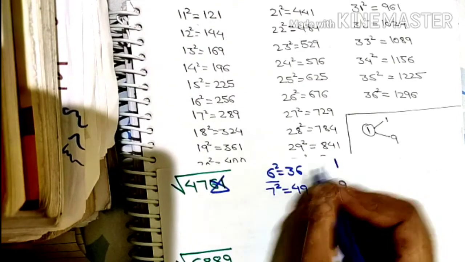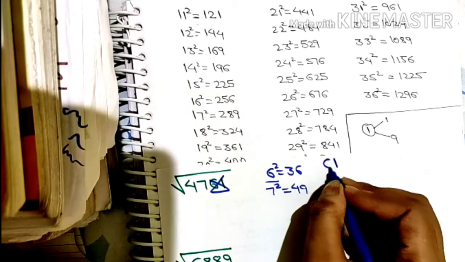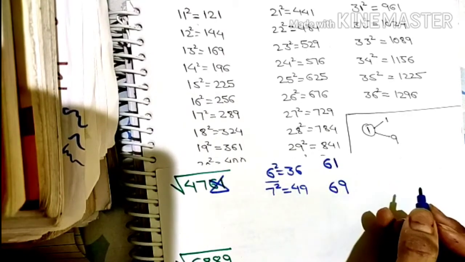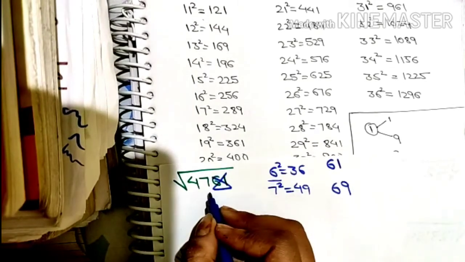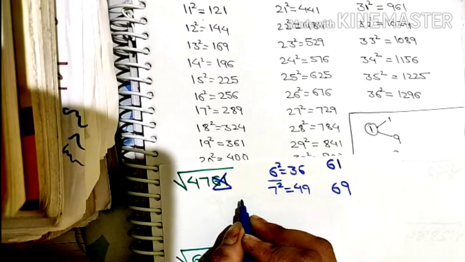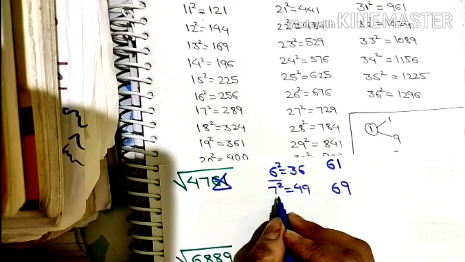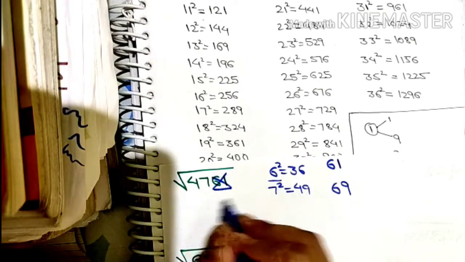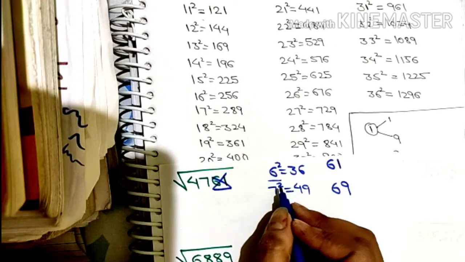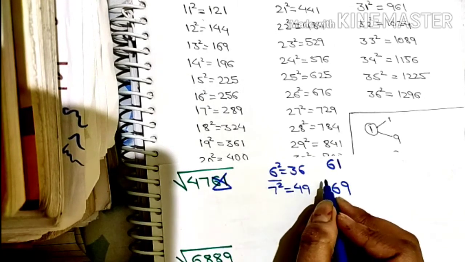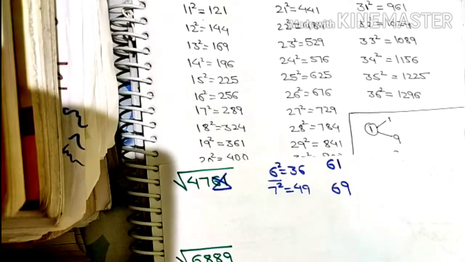So the square root of this number is either 61 or 69. What I have done is choose the squares of two numbers between which 47 lies: 6 square 36 and 7 square 49, and 47 lies between these two. Then I choose the smaller digit, which is 6. So there are two possibilities: either the square root of this number is 61 or 69.